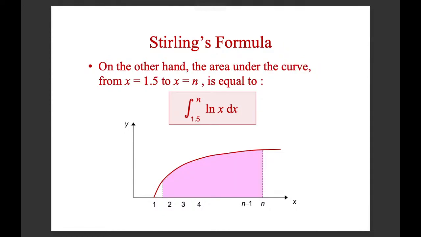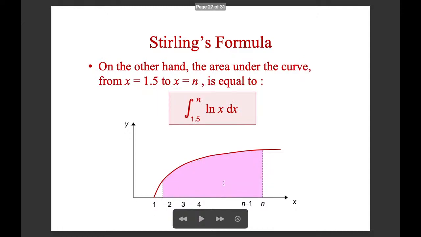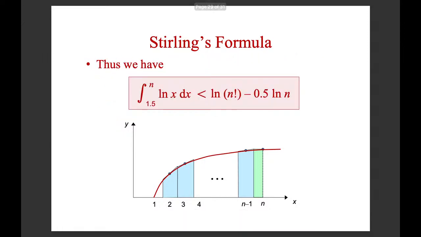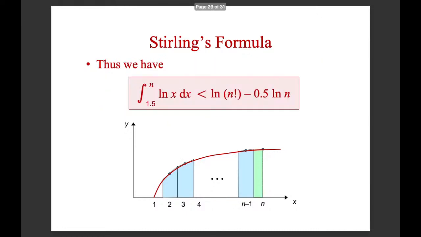And similarly, this time, the trapezium is covered by the curve. But if we consider the opposite case, where the trapezium is covering the area under the curve, then we have another bound. So this time, by comparing this purple part with the total area of the trapeziums here, we get another bound of log n factorial.